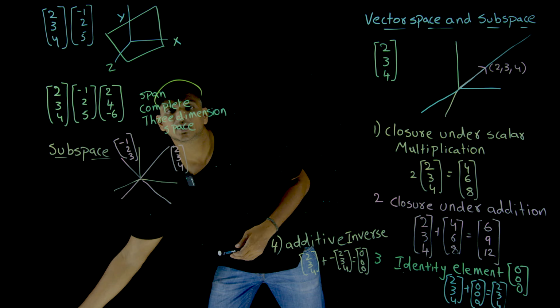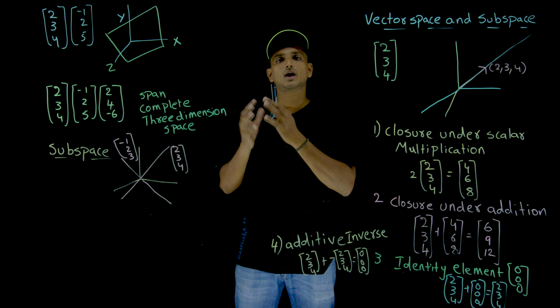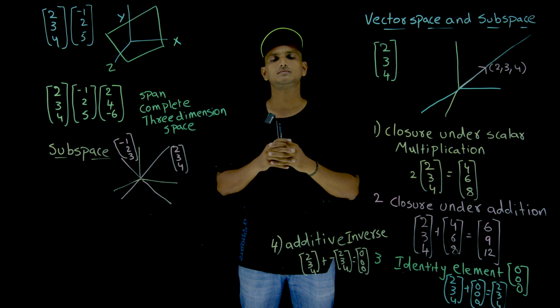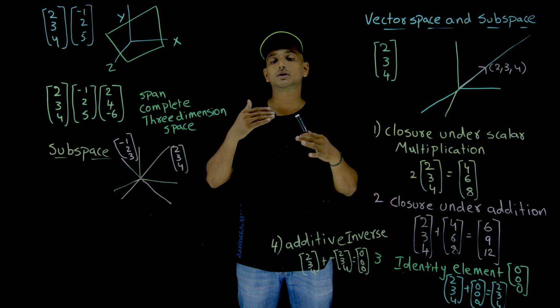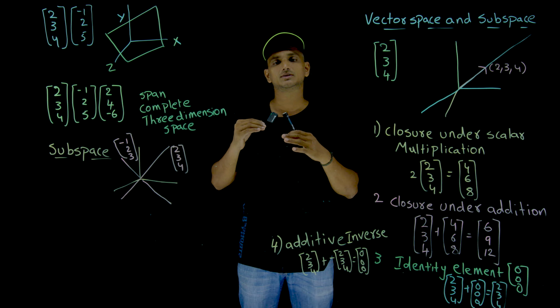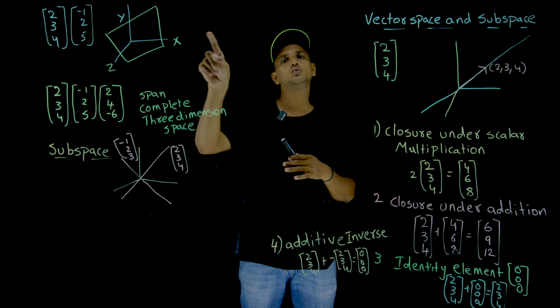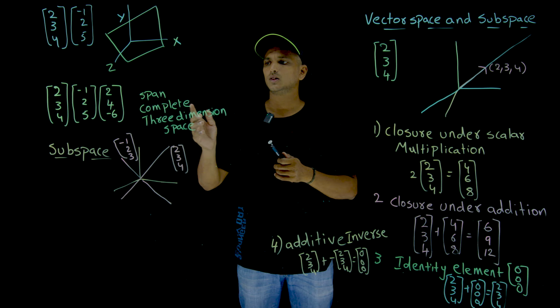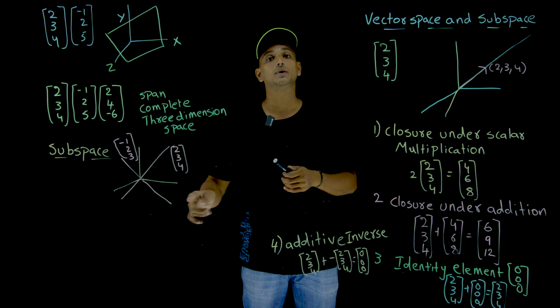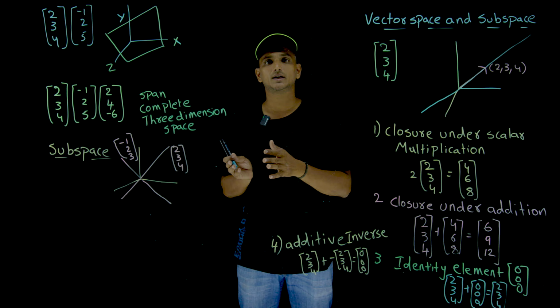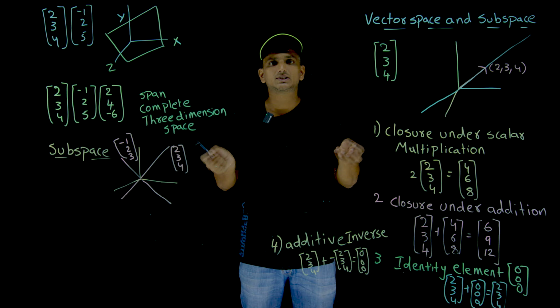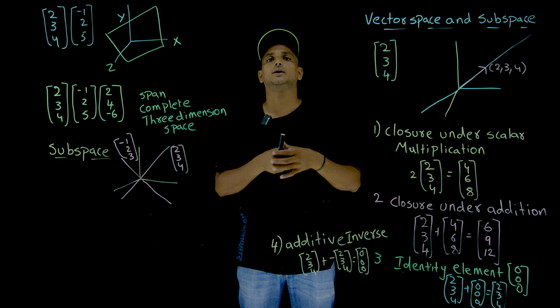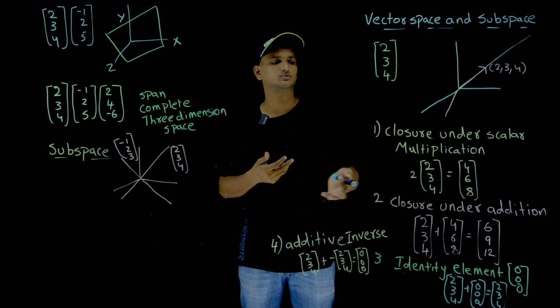So how many different subspaces are available in this three-dimensional vector space? There are so many subspaces available in our three-dimensional vector space. All these we call subspaces. Not only that, our vector space itself we call a subspace because it is satisfying the properties.